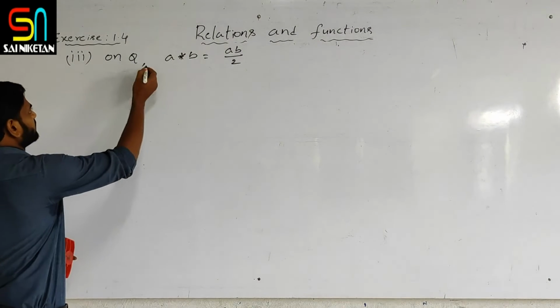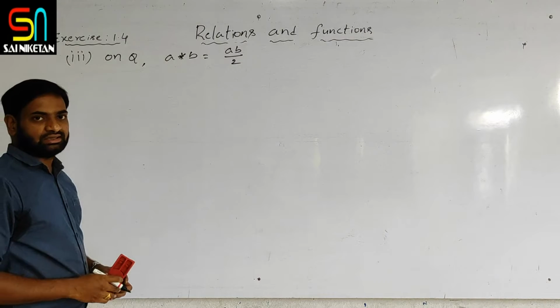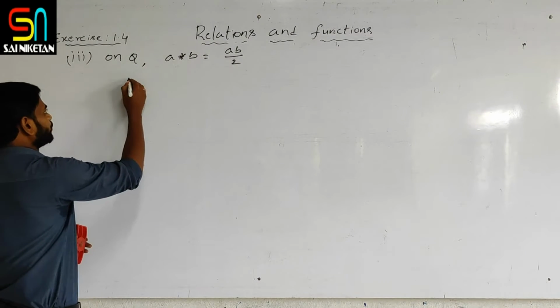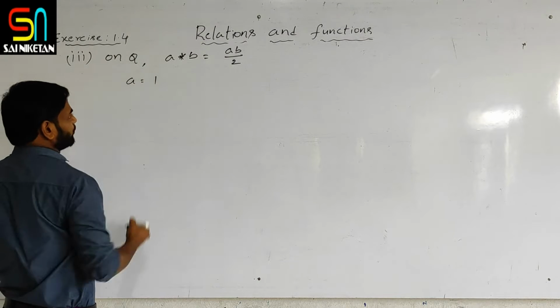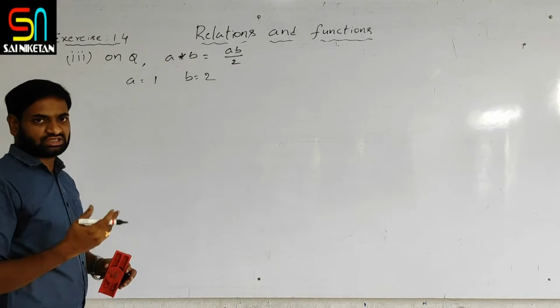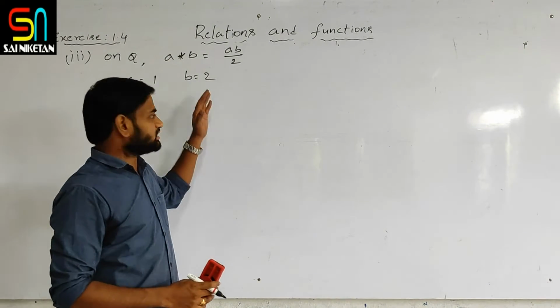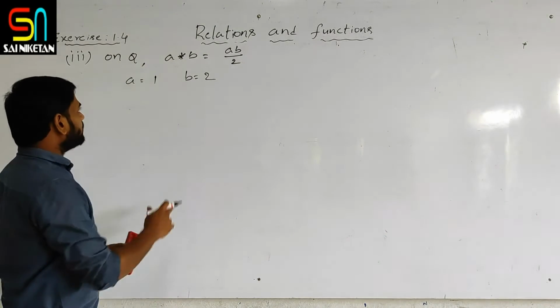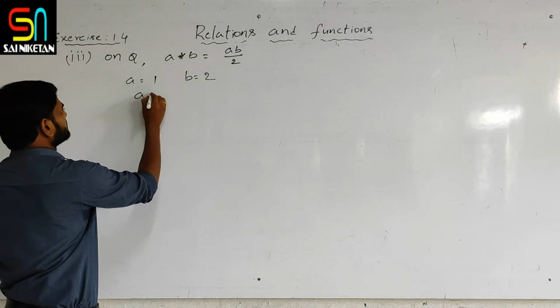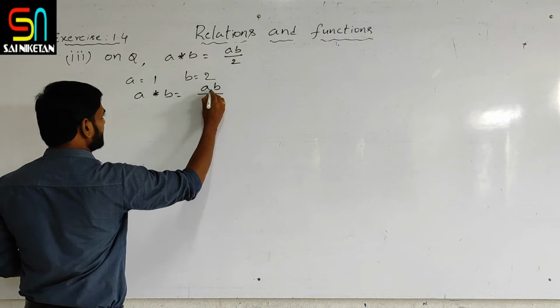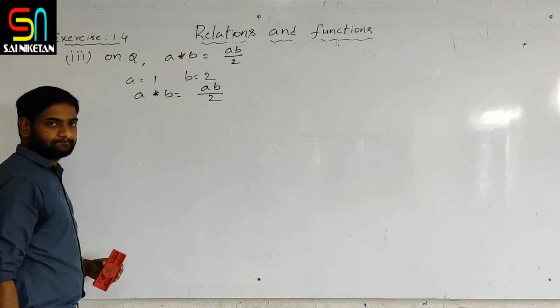So here the given set is rational numbers Q. In Q I am taking two elements, A value suppose 1, B value 2. You can choose other values also, but here I am choosing A value 1, B value 2. Now I am applying the operation, A star B is equal to A into B by 2.